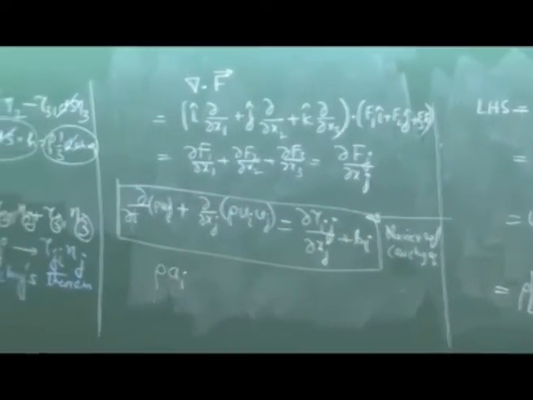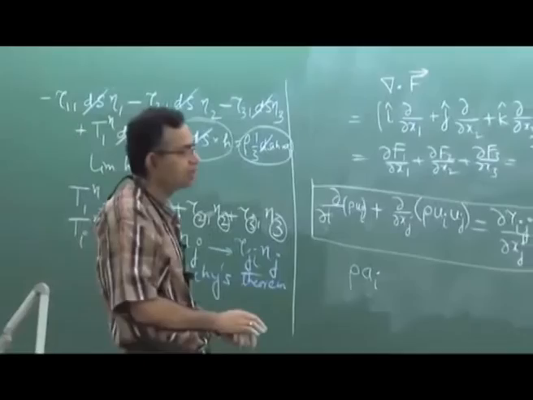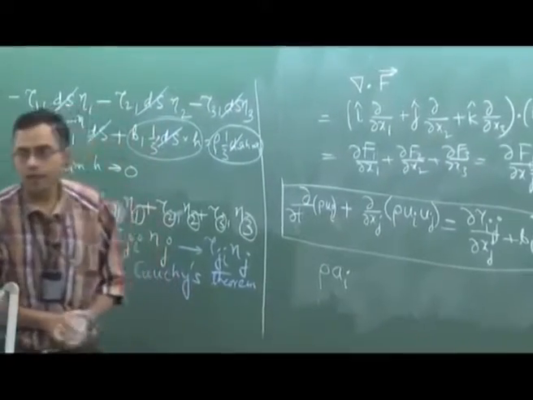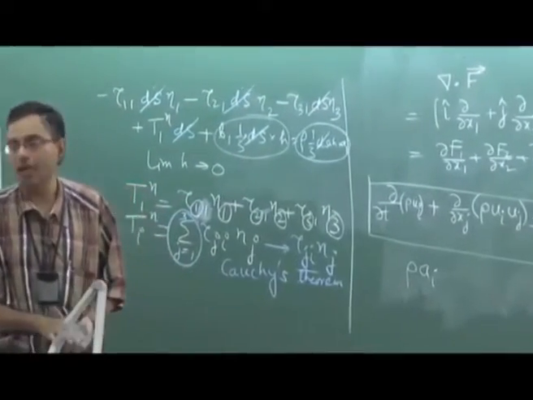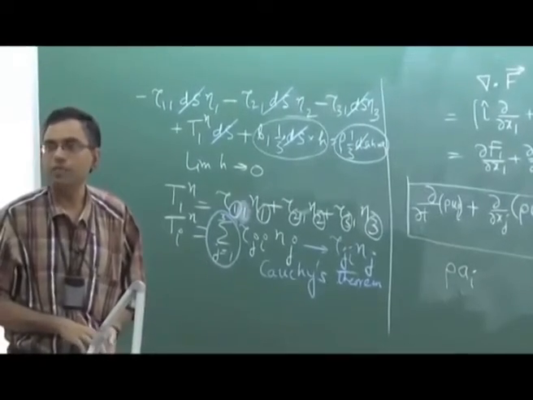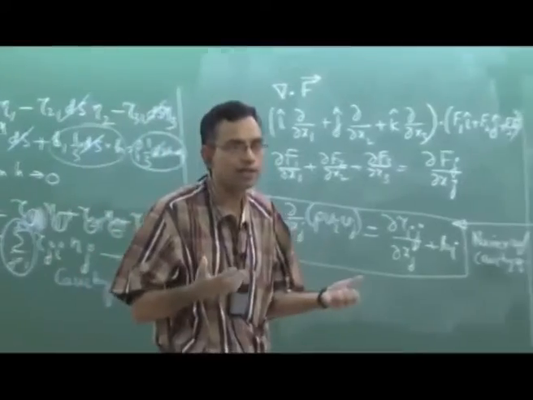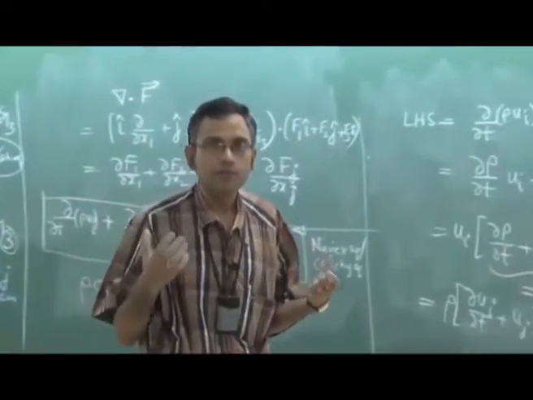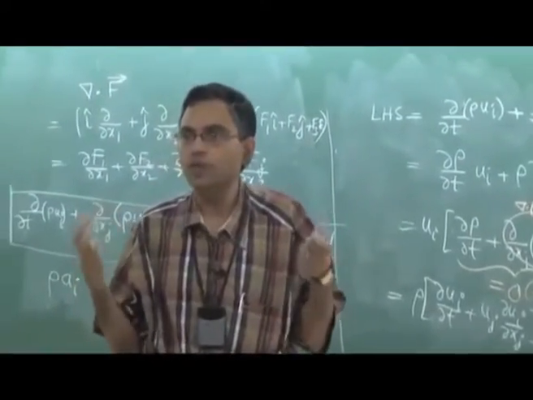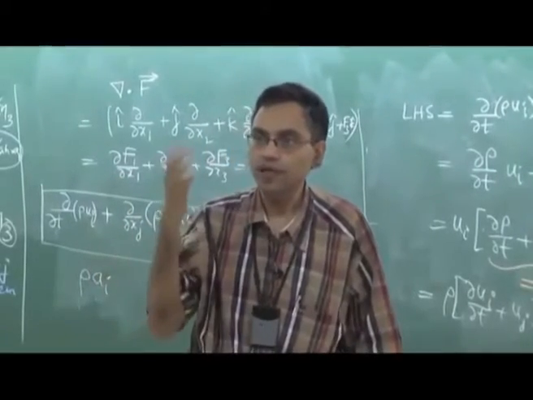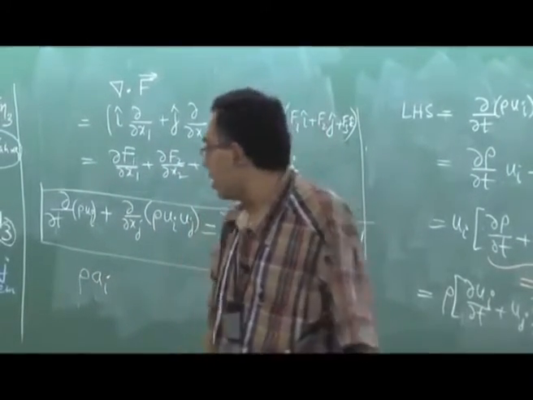Now let us look into the situation of how many equations, how many independent equations and how many unknowns we have. Do we have a sufficient number of equations to solve for the velocities? See, in fluid mechanics, one of the primary matters of importance is to obtain the velocity field. So how many equations and unknowns do we have? Let us see.